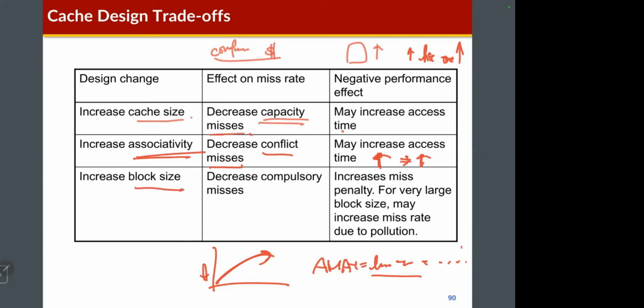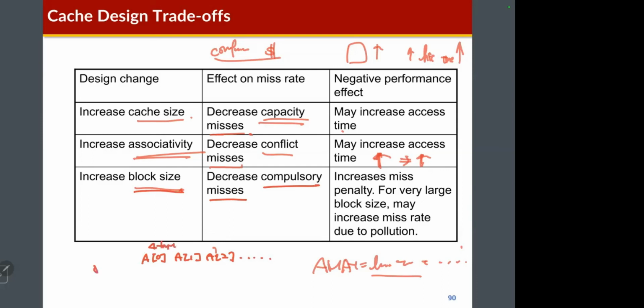And the block size. If we increase the block size, then we can reduce cold misses, right? Think like this. We are accessing A0, A1, A2, and so on, and let us assume that the size of each element is 4 bytes.